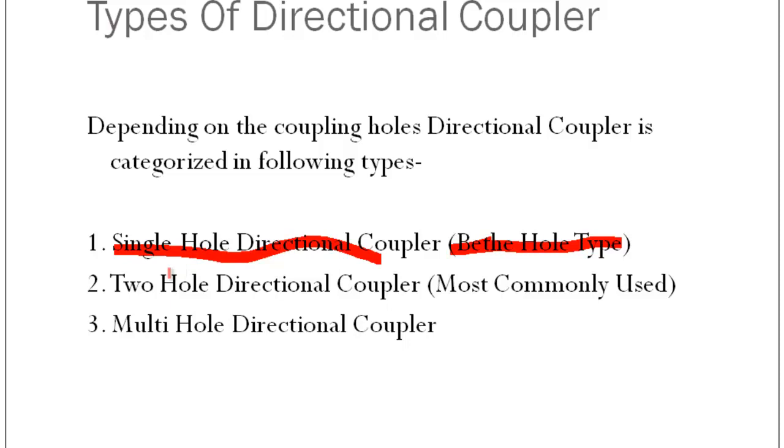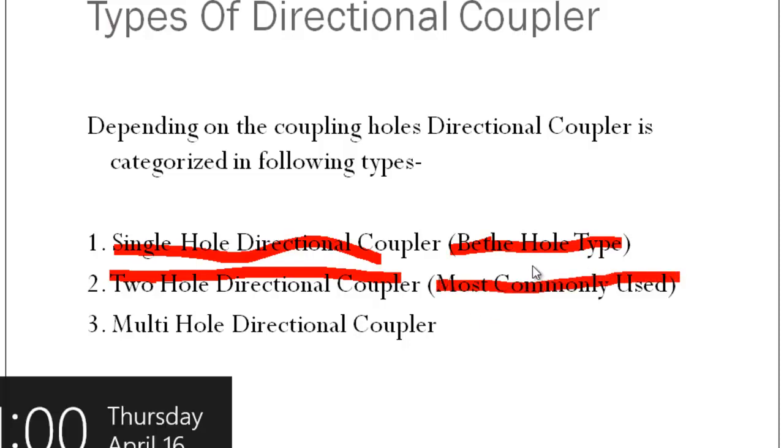If the coupling holes are two and both are separated by an electrical path length, then that directional coupler is known as a two-hole directional coupler, because for sampling the power there are two holes, right? And this is the most commonly used directional coupler. Clear?